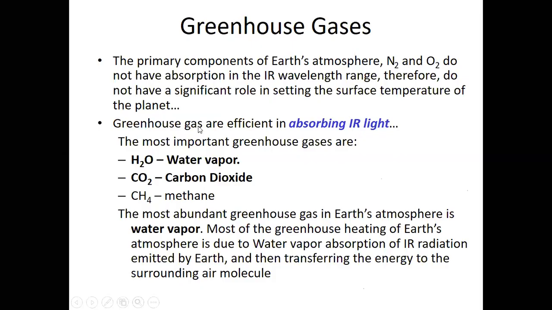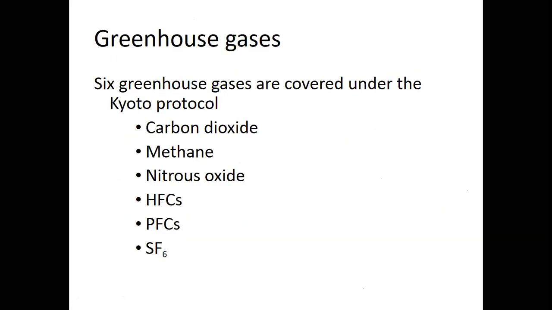Greenhouse gases are efficient in absorbing infrared radiation. So the most important greenhouse gases are water vapor, carbon dioxide, and methane. Those are the naturally available gases. But according to the Kyoto Protocol, it is concerned about carbon dioxide, methane, nitrous oxide, N2O, hydrofluorocarbon, perfluorocarbon, and sulfur hexafluoride.